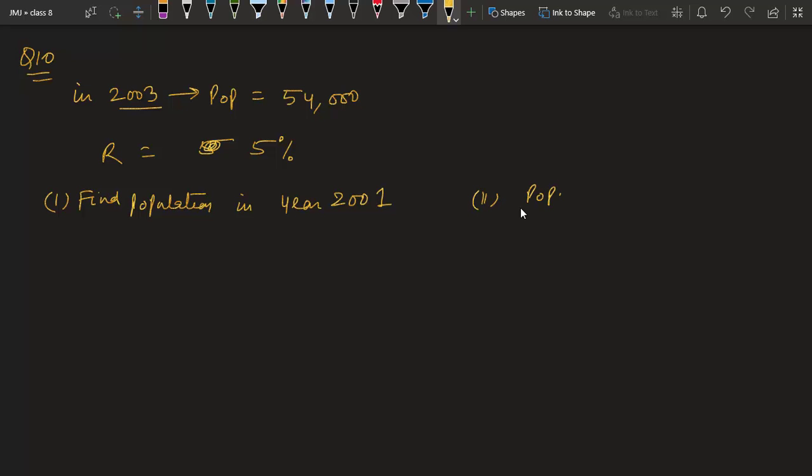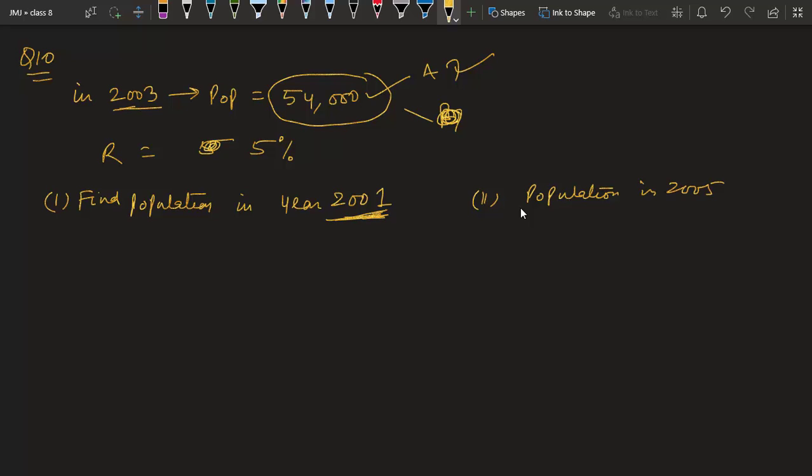First understand this case. In 2001, in 2003, so this is given to you. What should we take this thing as, amount or principal? Obviously we have to take it as amount only. Why? Because previously we had less population than this.